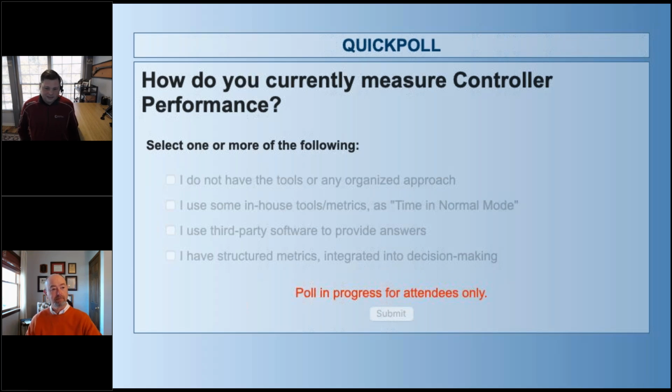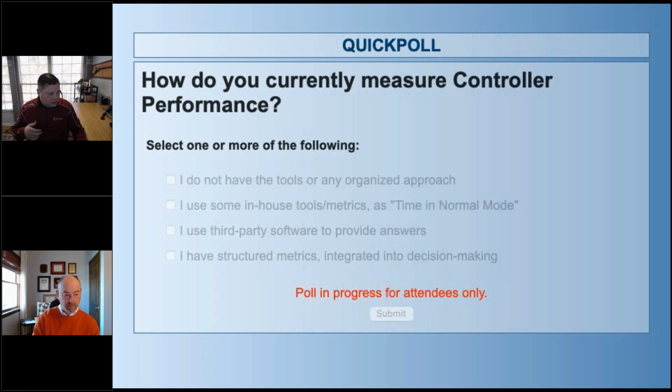Yeah, I mean, over the last 20 years, we've definitely seen an increase in the amount of tools and tracking mechanisms in place. 20, 30 years ago, it was purely reactive, right? You waited for that inevitable call from the operator to come in that something is broke, and you reacted. There's definitely been an increase in the amount of tools that are out there for tracking things, and it's also what kind of things are you tracking, right?